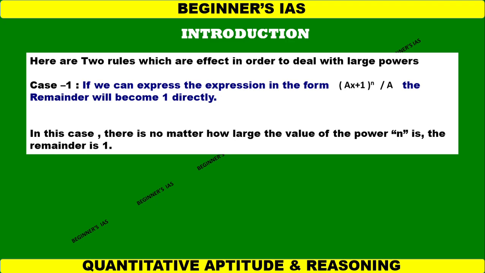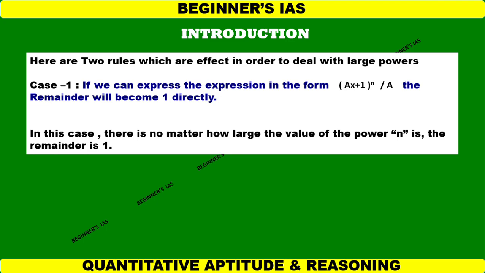Case number 1: if we can express the given expression in the form of (ax + 1)^n divisible by a, then surely, without solving anything, we can say that the remainder is 1. Don't worry about the power. No matter how large the value of the power n is, the remainder is going to be 1.